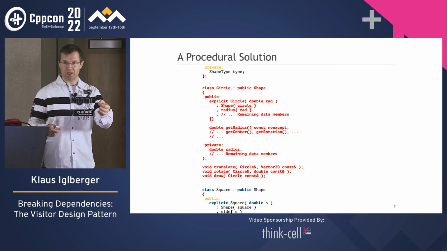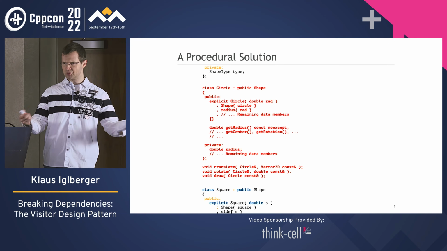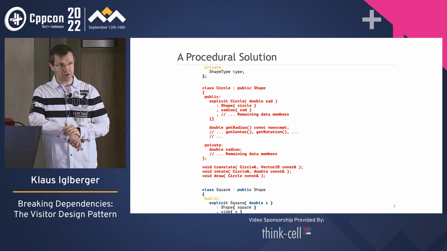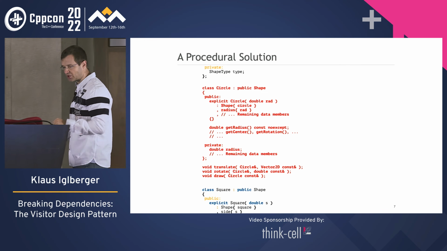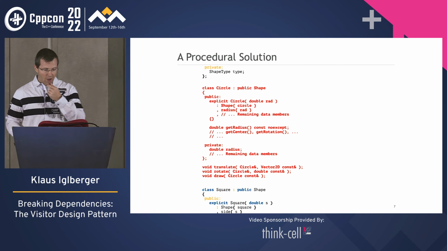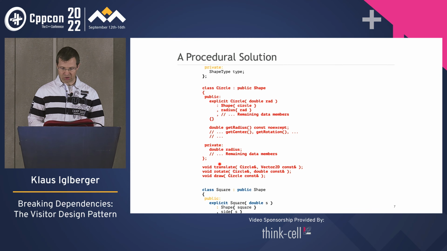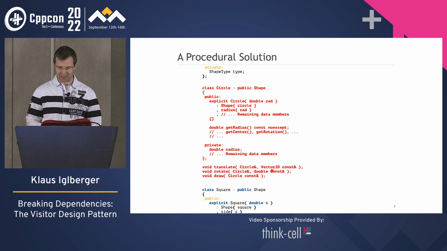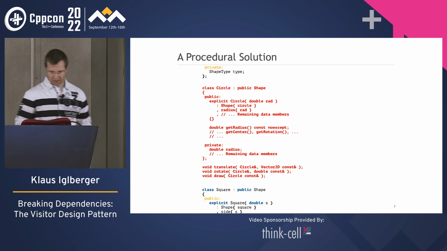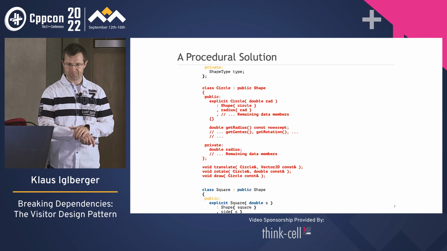I initialize my base class. I'm a circle. I should remember that I'm a circle, so I use the circle enumerator to initialize the base class. Additionally, there are a couple of free functions. There is a translate function, a rotate function, a draw function that allow me to draw a circle by some offset, some angle probably, and perhaps there's some more stuff for draw.